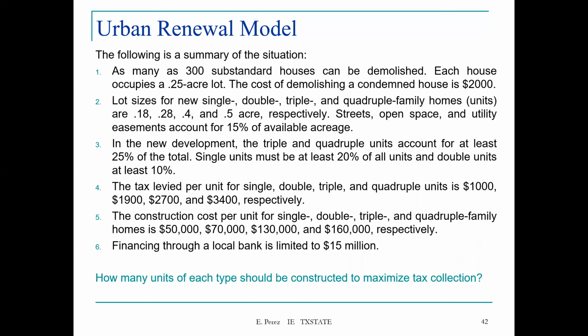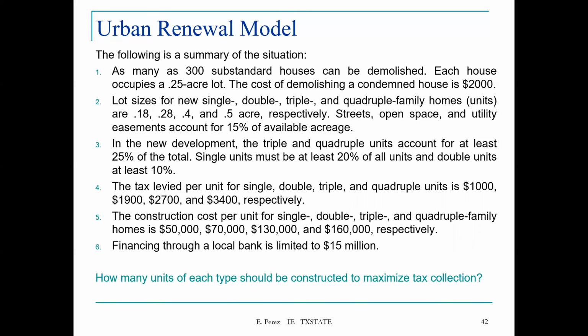Streets, open space, and utility accounts for 15% of the available space. So we have to account, not only for the homes, but also we have to separate some space for the streets, the open spaces, and so on.